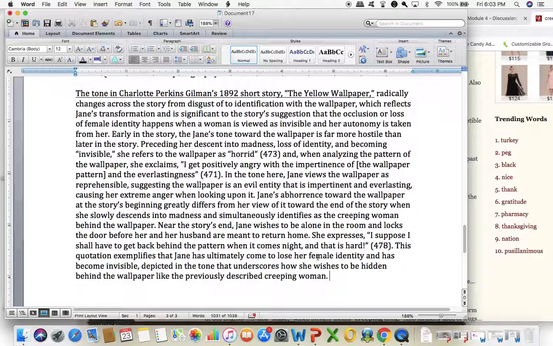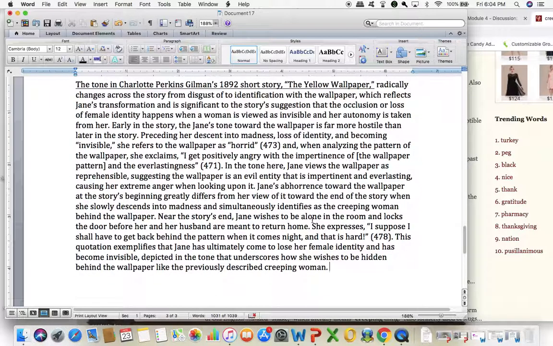She's in a battle in this story with her autonomy, her ability to be an autonomous woman, and she's constantly at war with her husband. She always says, what about this? What about that? And he's constantly saying, no, no, no, this is what I say, this is what you say, and you have to do it. And she does it.